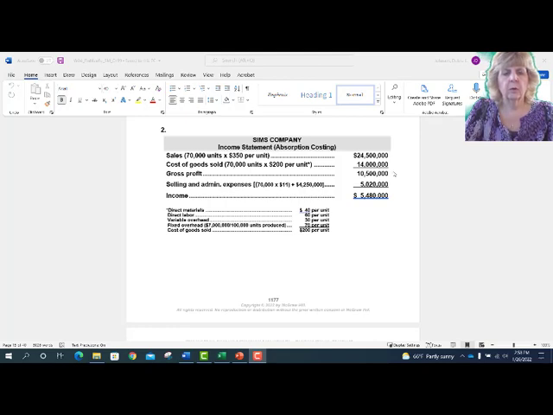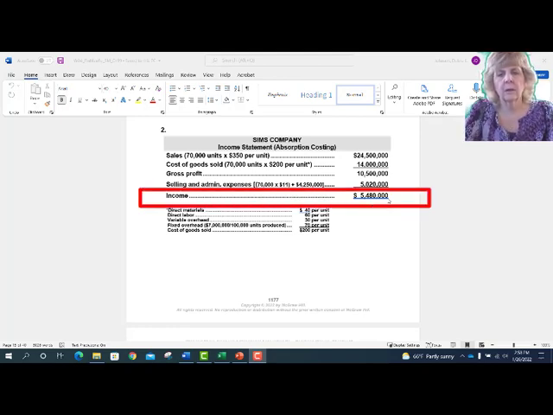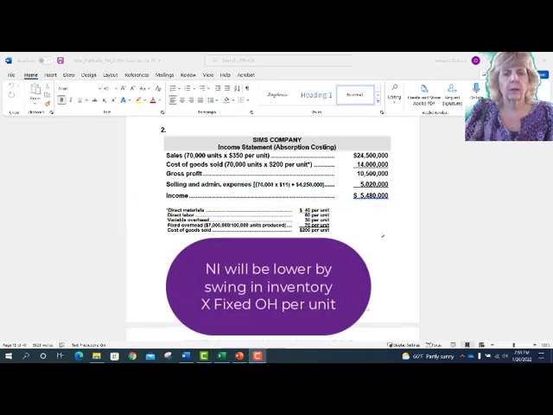We came up with the gross profit, reduced gross profit by the selling and administrative expenses to come up with net income of $5,480,000.